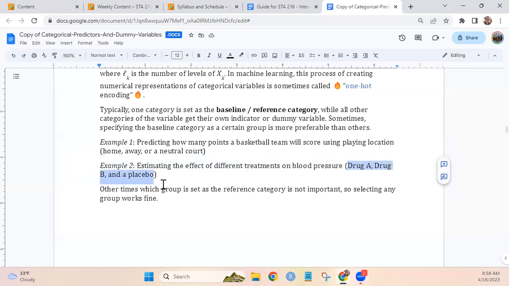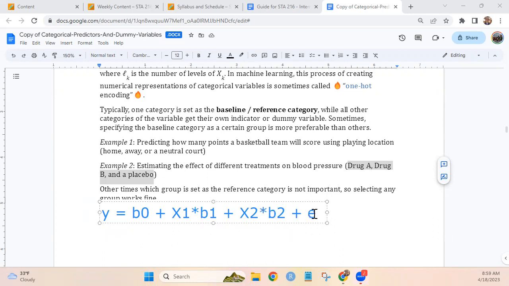If we fit a regression model where y is equal to an intercept plus this, you could have a regression model just like this, where x1 is an indicator or a binary variable to indicate if the patient was given drug A, and x2 is an indicator variable for if the patient was given drug B. This is your linear model where y is their blood pressure. This is equivalent to a one-way ANOVA model, actually.